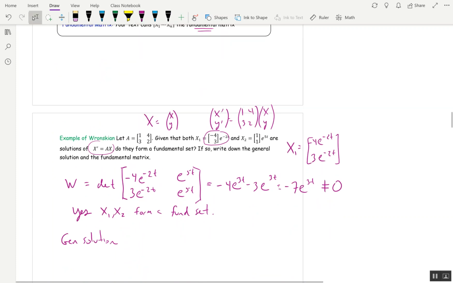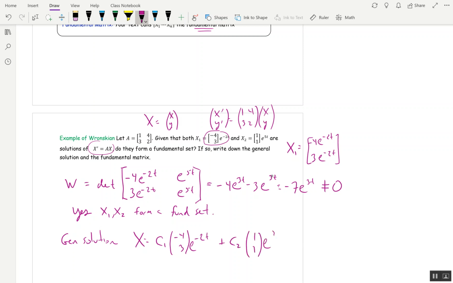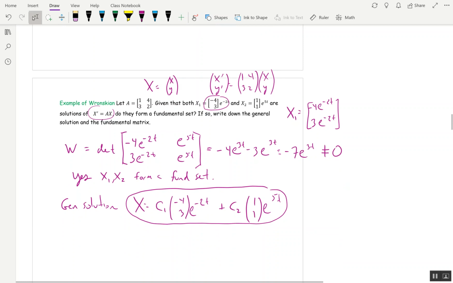So in this case, big X is C1 x1, negative 4, 3 e to the negative 2t plus C2 x2, 1, 1 e to the 5t. And it's fine if you want to distribute the e's like we did to find the Wronskian.